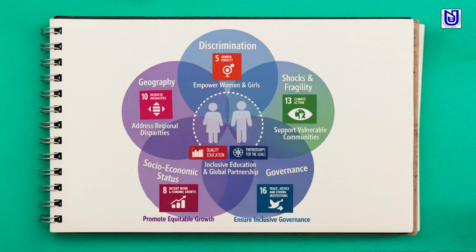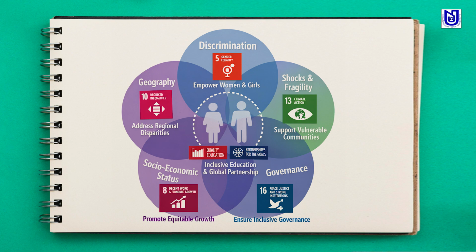They have suggested 5 key factors. 1. Discrimination. 2. Geography, meaning who endures isolation. 3. Governance, meaning where people face disadvantage. 4. Socioeconomic status. And 5.